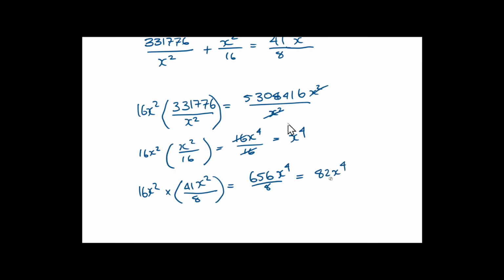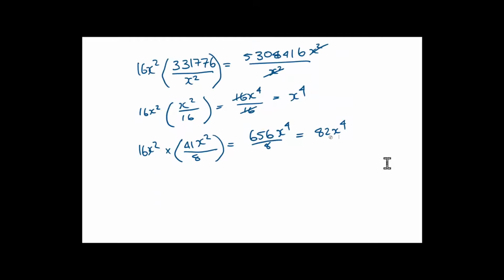So let's line all these things up. So we have 5,308,416 plus x to the power of 4 equals 82 x to the power of 4. And let's take this x to the power of 4 away.